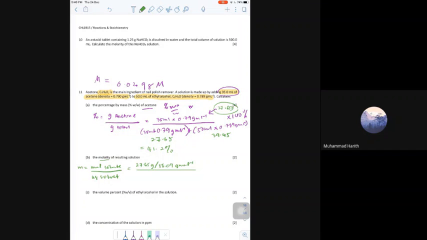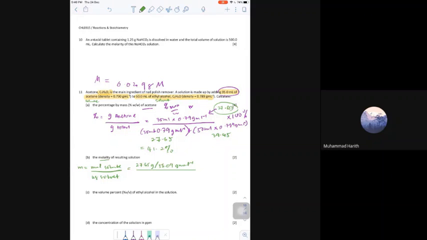Divide by the mass of the solvent. The mass of the solvent this time is the ethyl alcohol, 39.45. Ethyl alcohol will be the solvent, and acetone is the solute. So we dissolve acetone in the ethyl alcohol.